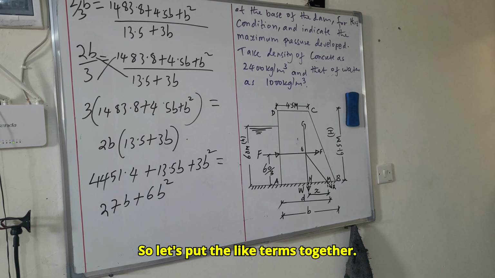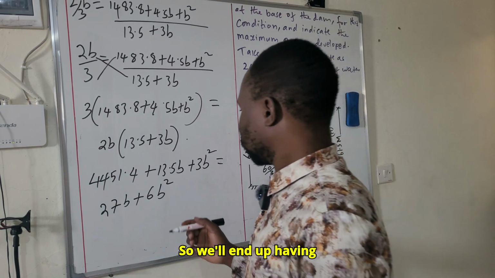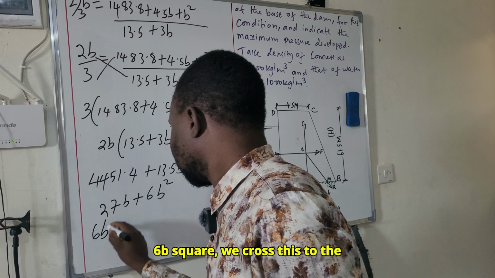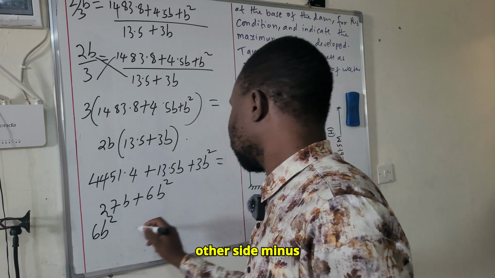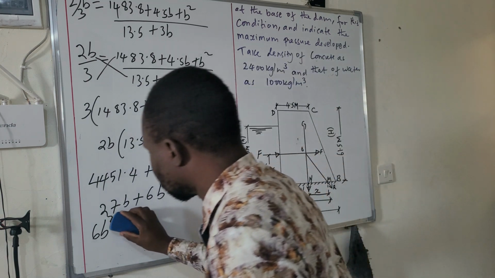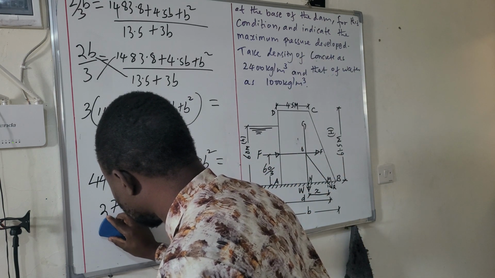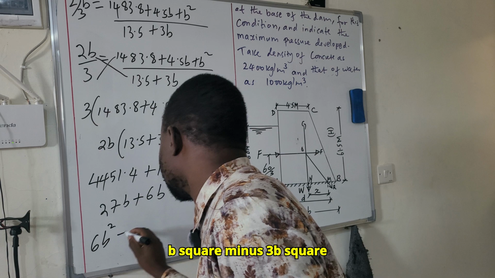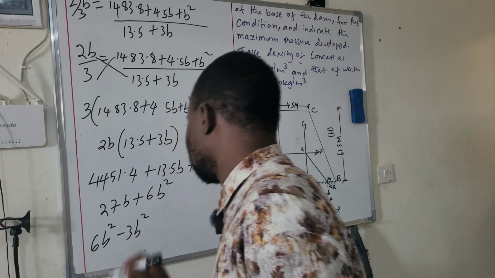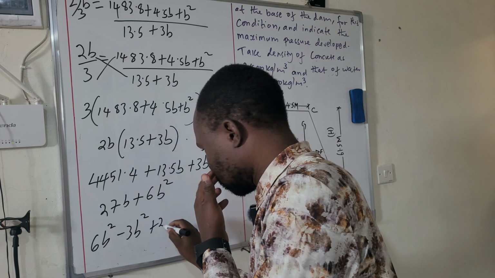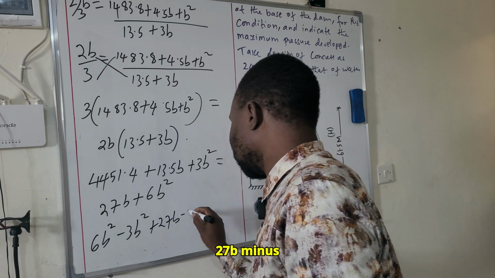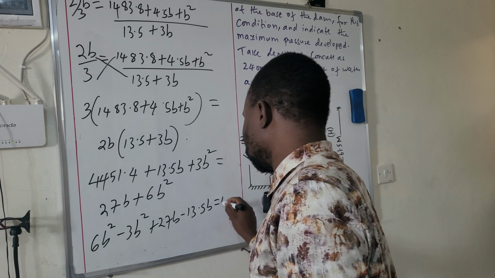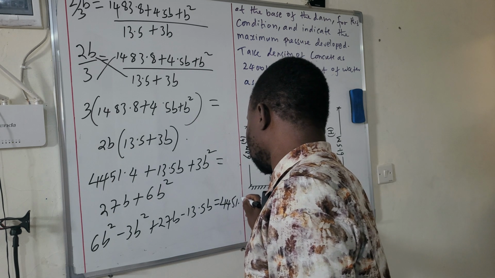So let's put the like terms together. So we will end up having 6B square, we cross this to the other side, minus, so we have 6B square minus 3B square, and then plus 27B minus 13.5B is equal to 4451.4.